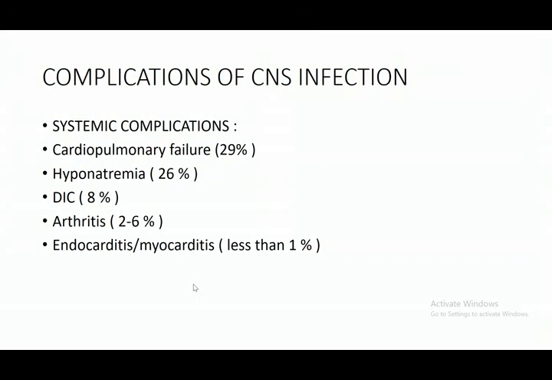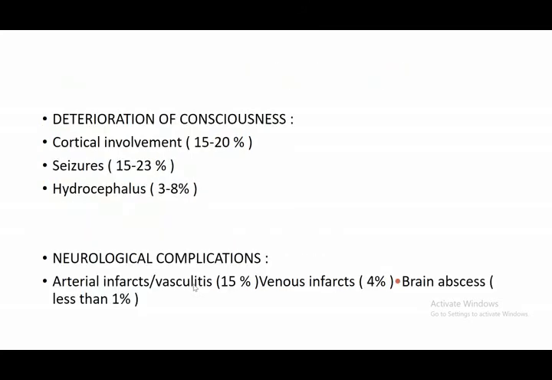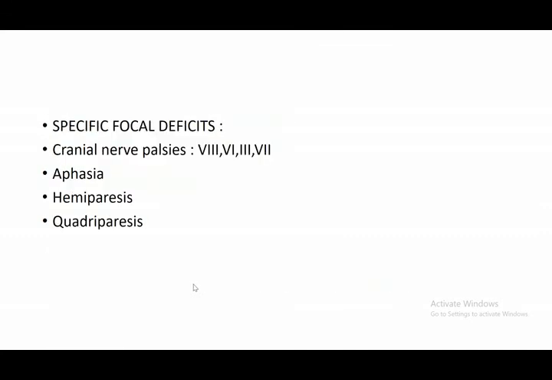Complications of CNS infection include systemic complications: patients can have cardiopulmonary failure, hyponatremia, arthritis, endocarditis, myocarditis, deterioration in consciousness because of cortical involvement, seizures, and hydrocephalus. Other neurological complications include vasculitis leading to infarcts and strokes, which can be arterial as well as venous.